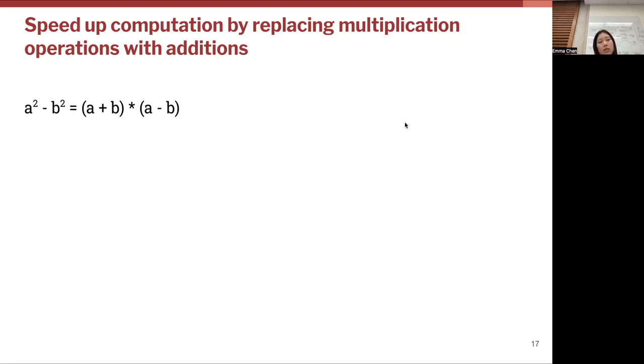The reason why this is an efficient way to compute a squared minus b squared is because instead of having two multiplications, we have only one multiplication. And then we replace the other multiplication with two additions. So in this way, even though we are adding more additions, we're still being more computationally efficient.